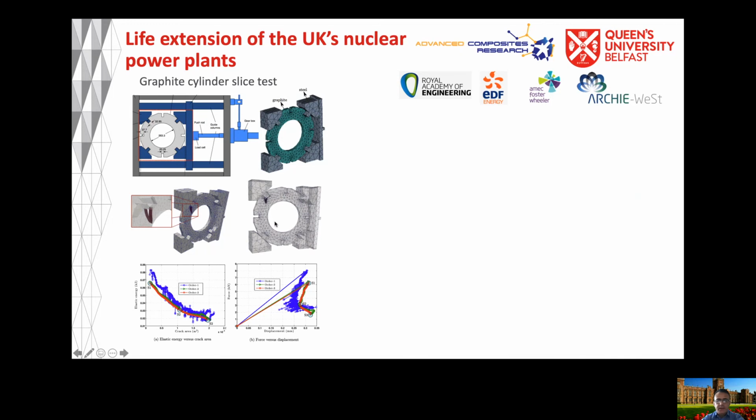And again, we can see that the code that we developed here can simulate the crack propagation in these nuclear graphite bricks, which are mainly used for moderation in the nuclear reactors. And the project was in collaboration with EDF Energy and Royal Academy of Engineering.